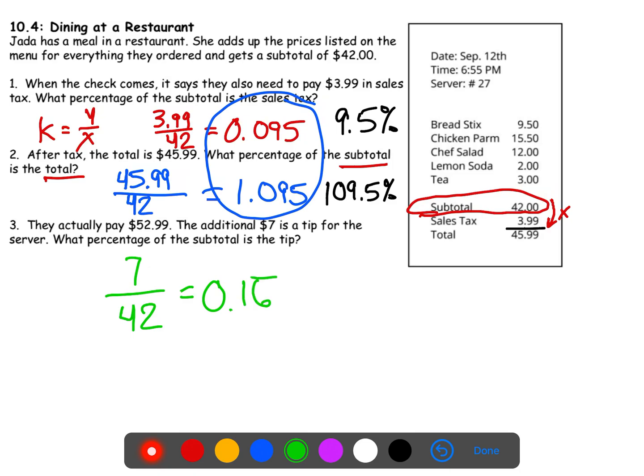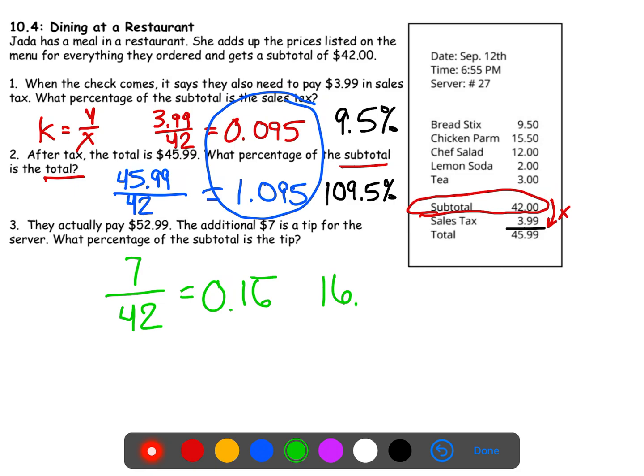0.16 repeating. So to answer that question, to get what percentage, we need to compare per 100. So we're going to look at this as being 16, and we're going to have to either round or show it as a repeating percentage, which is okay.